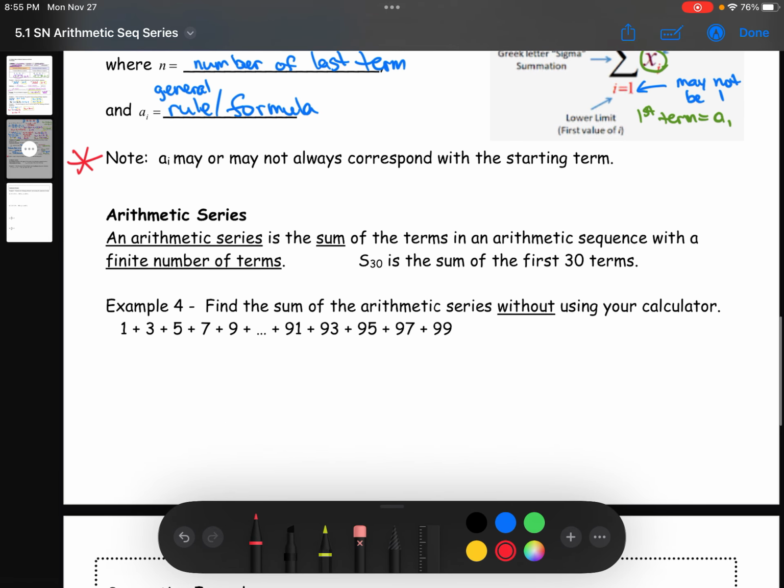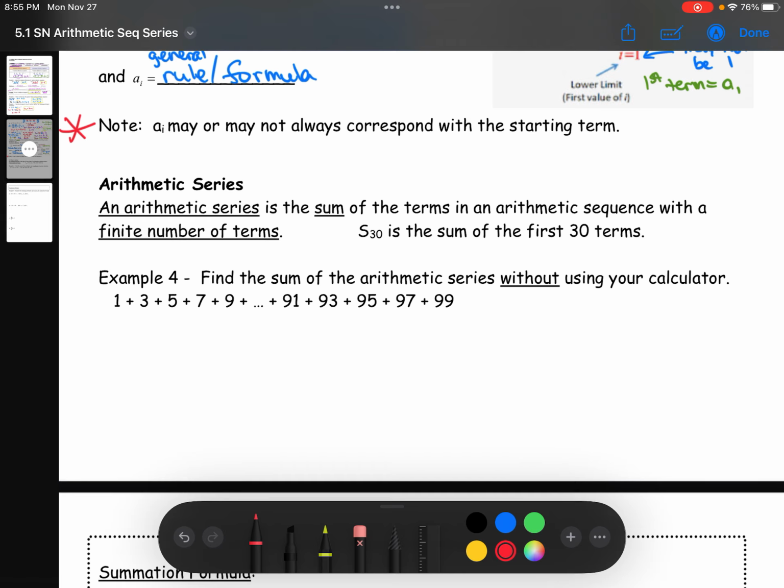So, to sum an arithmetic sequence, an arithmetic series is the sum of the terms in an arithmetic sequence with a finite number of terms, meaning we know the number of terms. We're not continuing to add. So you may see the notation simplified.